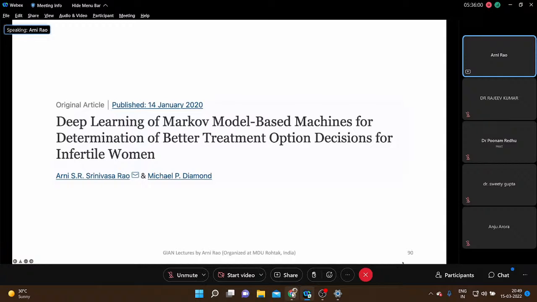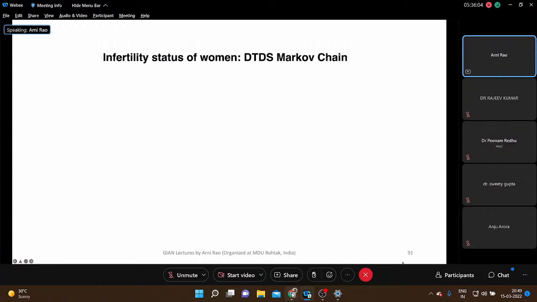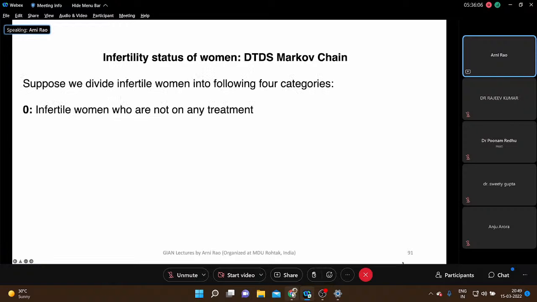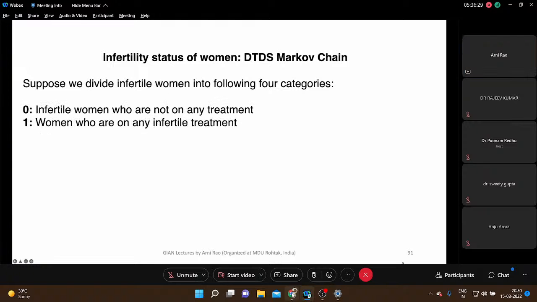This particular article is about that, and now I will share a simplicity example based on it. What we did was, because of the infertility data, whatever is there, we divided it into women who are not on any treatment, currently not on any treatment, and the women who are on any infertility treatment currently when they come to the clinic.